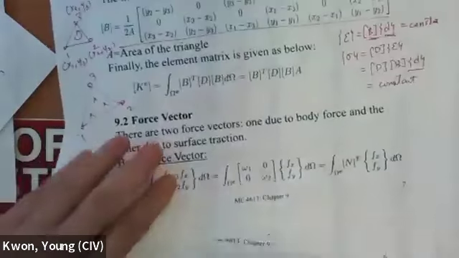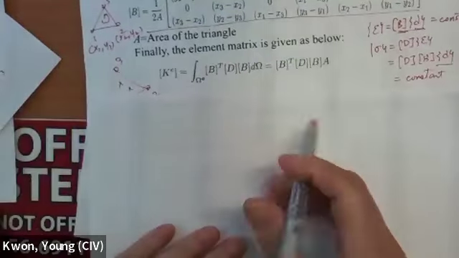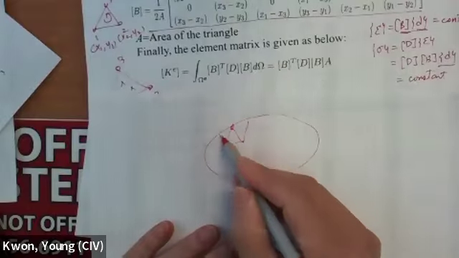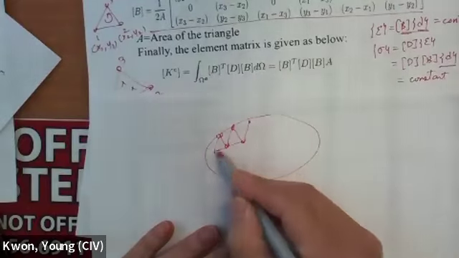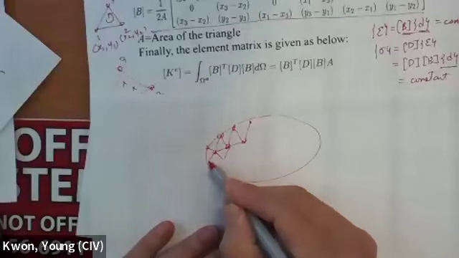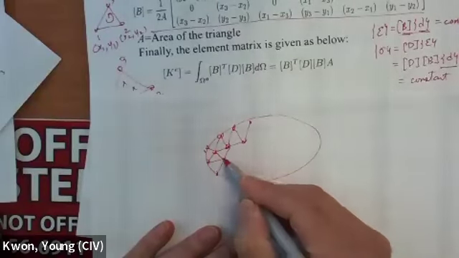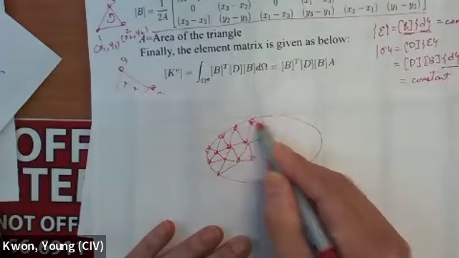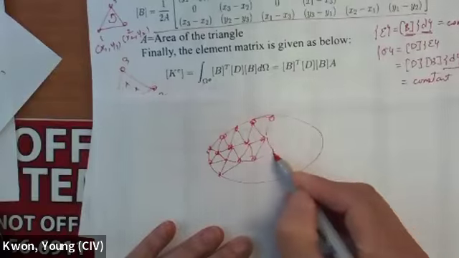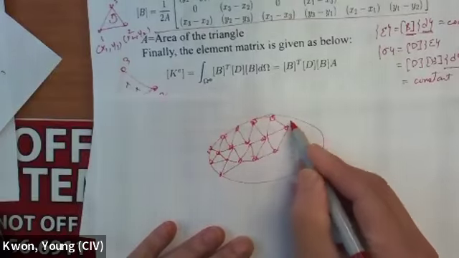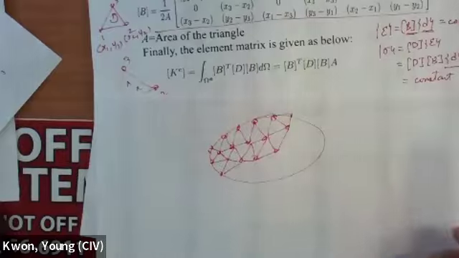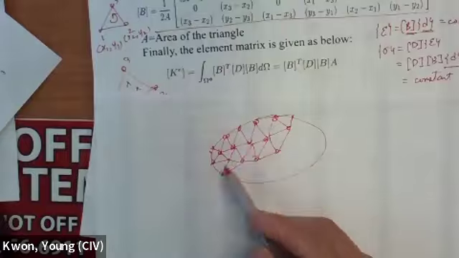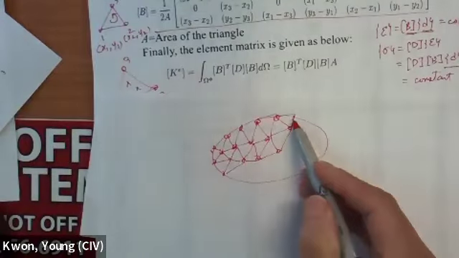So if I have a domain and mesh like this, then displacements at the nodal points are in general different at every point depending on the deformation.